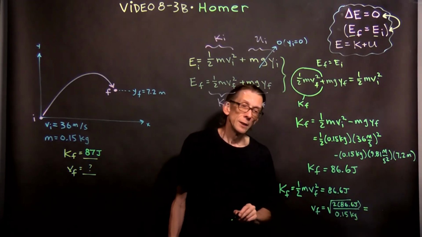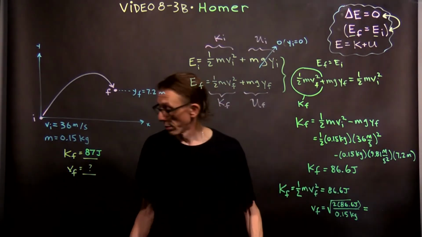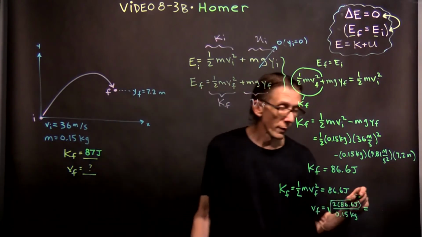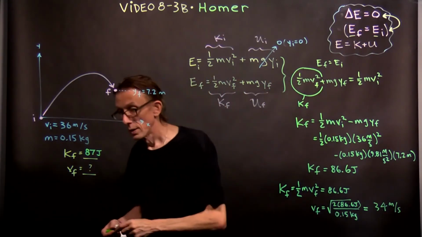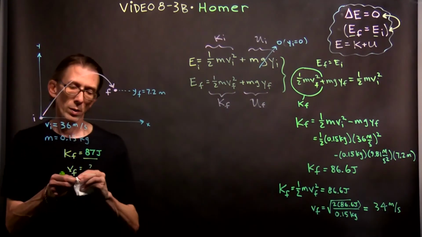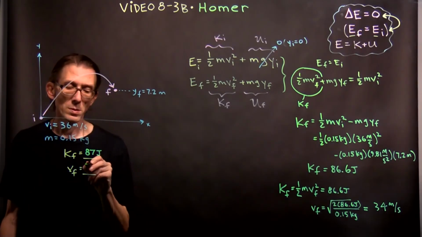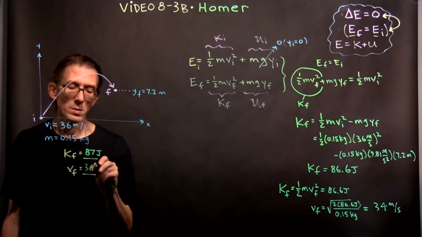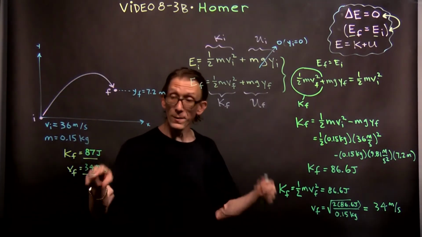When you solve that for v sub f, that's the expression you get. You plug in your numbers, and, voila, you get 34 meters per second.